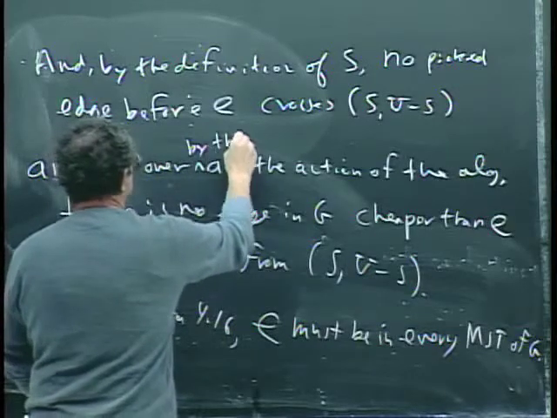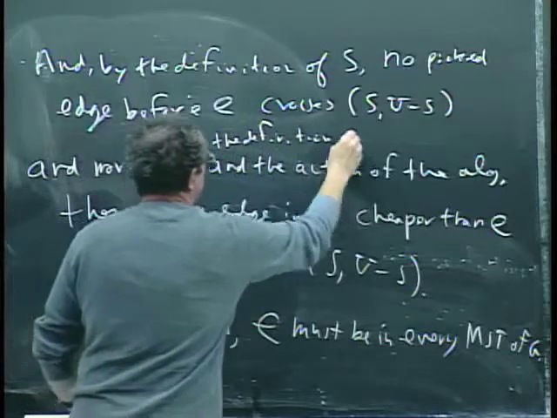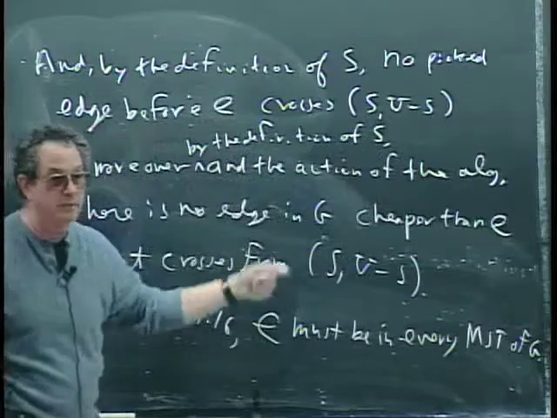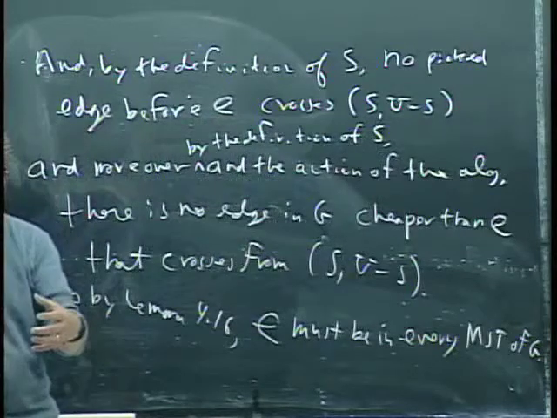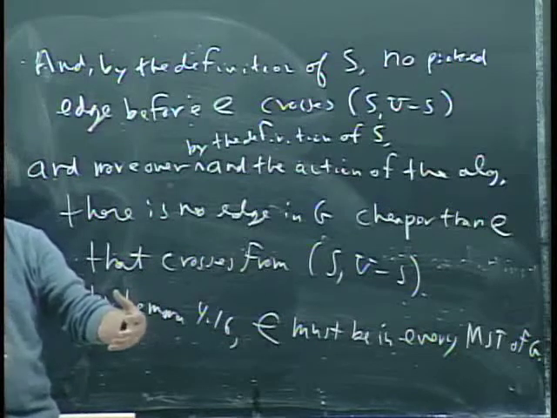By the definition of S, again by the definition of S, but now also by the action of the algorithm. That is, the algorithm didn't pick anything that crossed from S to V minus S up to this point.